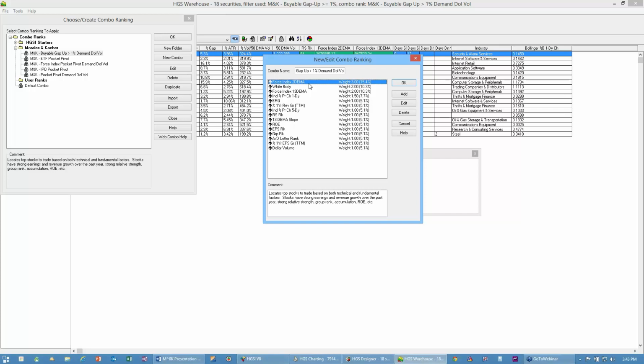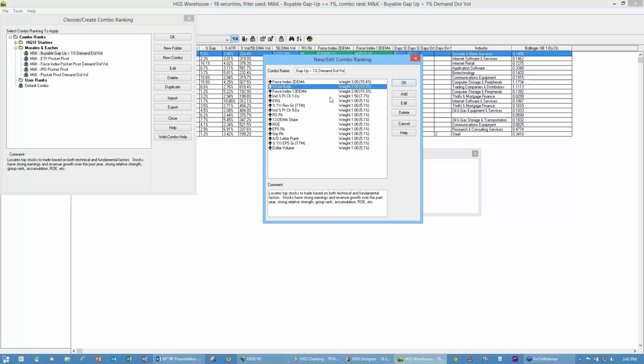But essentially the formula is today's close minus yesterday's close times today's volume. So it is a demand supply indicator. So if there's a lot of force based upon the 2-day exponential moving average of that force, that is most heavily weighted. And then the force 13-day is weighted heavily too, and then so is the white body, which is a candle body.